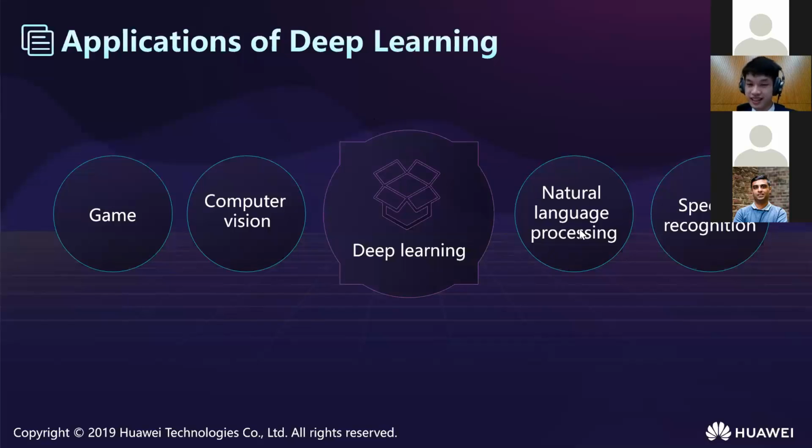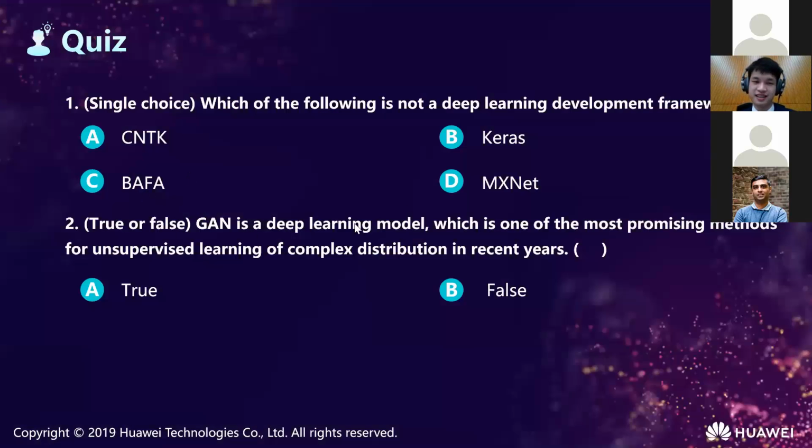We can also use RNN in speech recognition. The RNN performs very well in speech recognition tasks. There's a model called RNN transducer, or RNN-T, which performs very well in speech recognition. Okay, and that is all for this class.